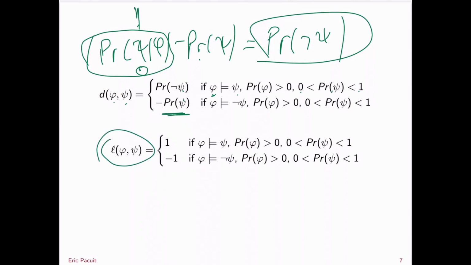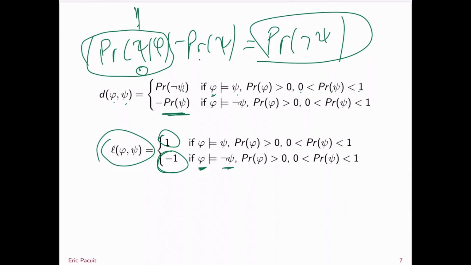However, for L of phi psi, when we're in the same situation, we have a deductively valid argument with premise phi and conclusion psi, then L of phi psi is actually equal to 1, which is the maximum amount of relevance that phi can have towards psi. Similarly, if the argument with premise phi and conclusion not psi is valid, so phi implies not psi is a deductive validity, then L of phi psi is minimal. The smallest value that you can assign to the relevance of phi to psi is minus 1.